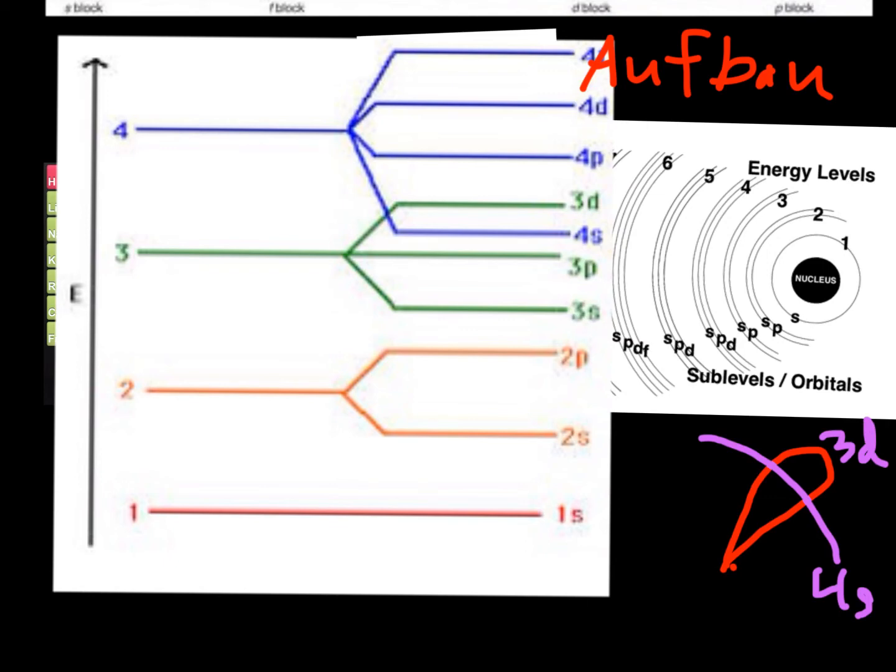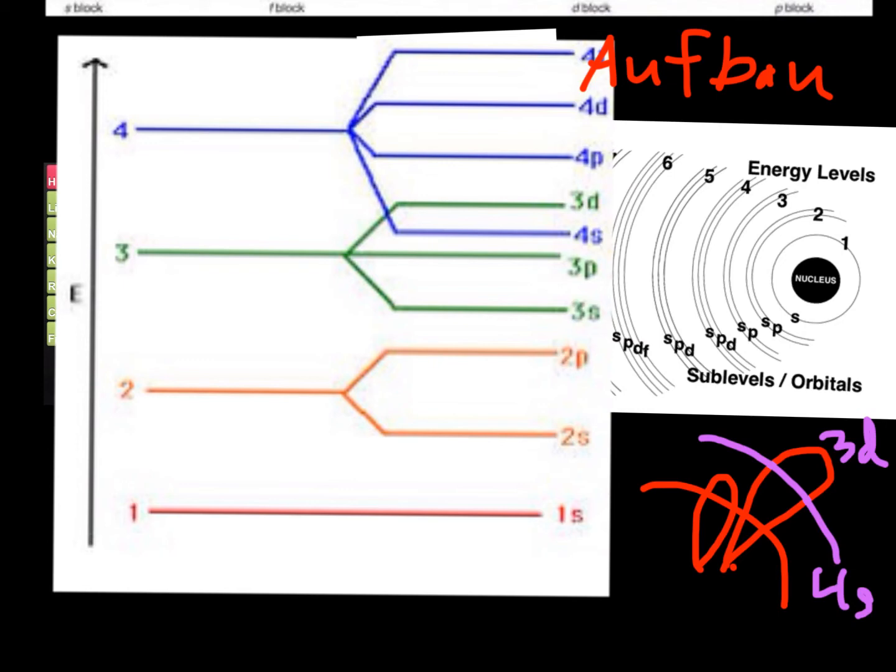The 3d ends up being physically further away from the nucleus, even though it's still part of 3. This red would still be part of 3. Here's 3s, here's a 3p, okay, a 3f. All the red would still be 3. But because the d is so huge, it ends up extending past the 4s, so we fill the 4s first. F is even larger. It ends up extending past 2 s's before it ends.